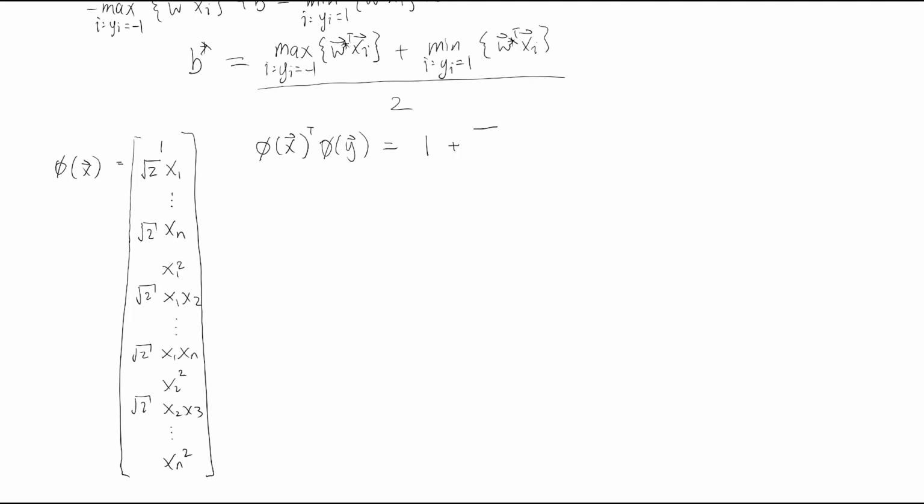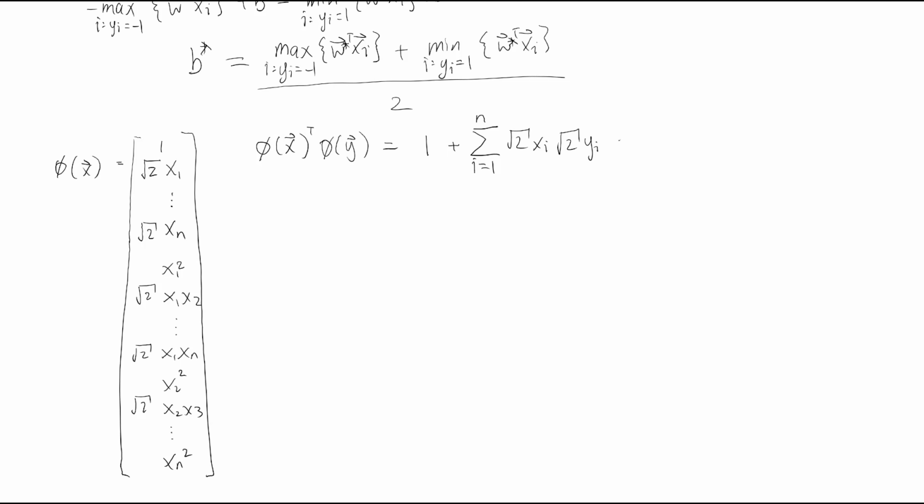So we can write this more compactly. It's going to be the sum from i equals 1 to n of root 2 xi root 2 yi. And that takes care of everything in the linear term.